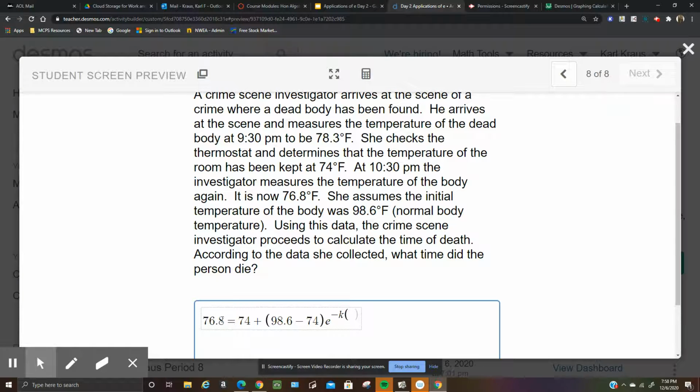So let me think about this here. It should be 76.8. So first we have to figure out what K is, and then we can find out what the time is. So this was 60 minutes in between these two temperatures here.